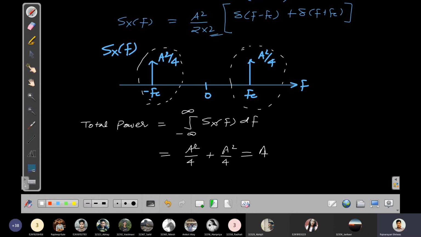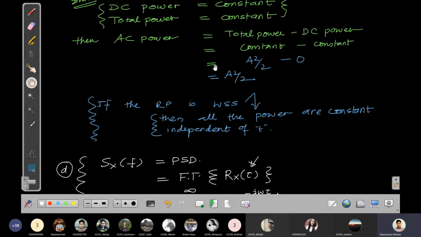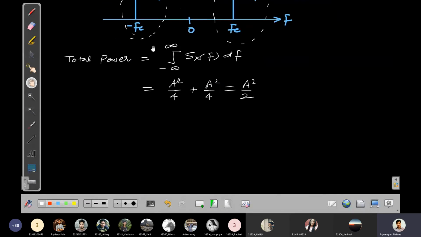This will be exactly equal to A squared by 2, no matter what, because we already calculated the total power as A squared by 2. So here also A squared by 2 must come. This is nothing but the mean square value of the random process.